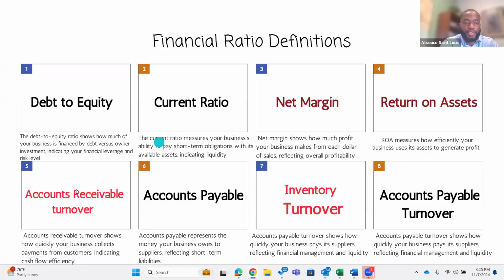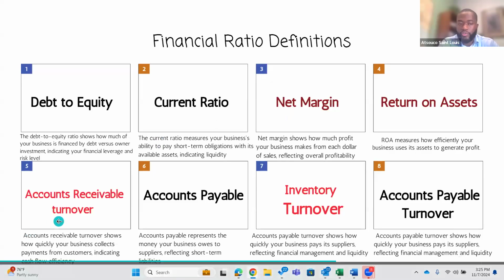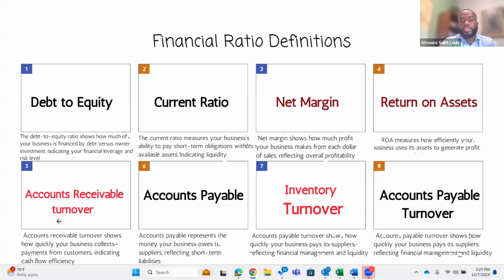He's also going to want to understand things like accounts receivable, right? So accounts receivable turnover is going to show how quickly his business collects payments from customers, indicating his cash flow efficiency. So are his credit card processors working in time? If he's wholesaling, if somebody purchased online, like how quick is he to turn that into actual income?